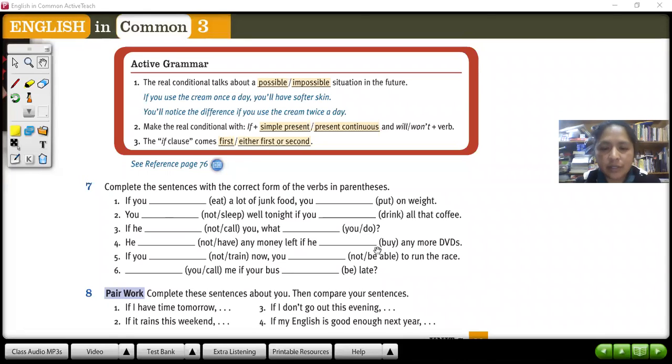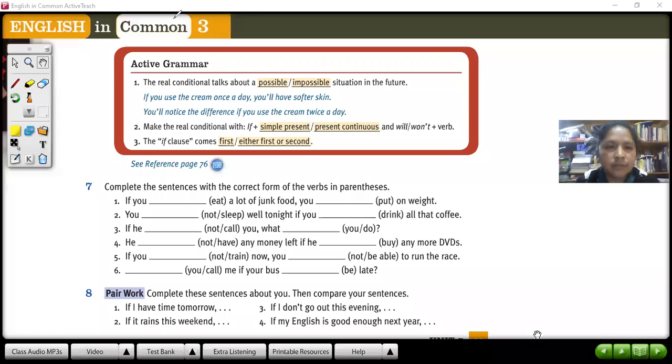Yeah, you have to recognize which part is the if clause. Maybe it's hard for you to do that. Volunteers, this is the if clause. Okay, and here is the result. In this case, this is the result.